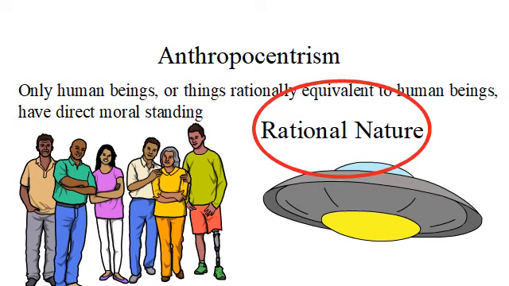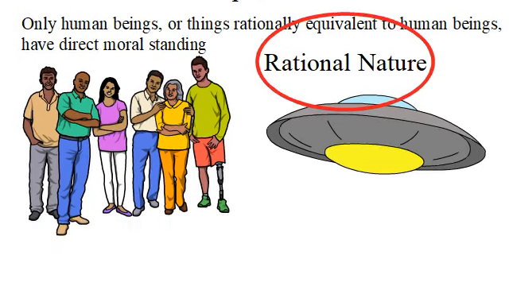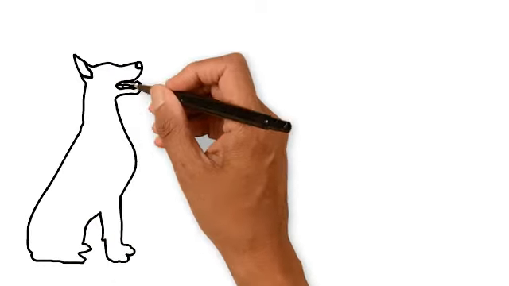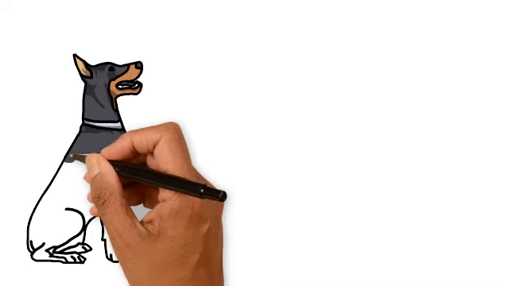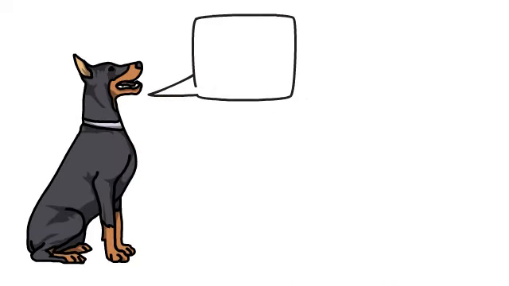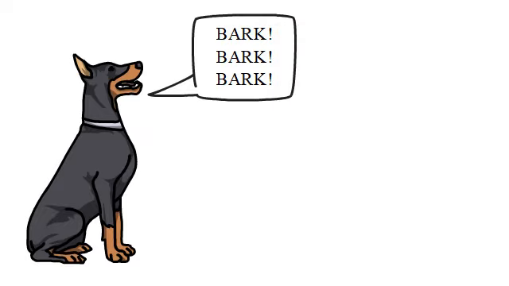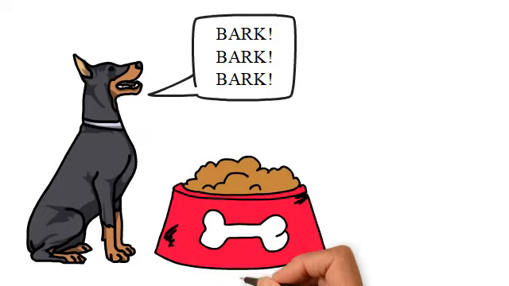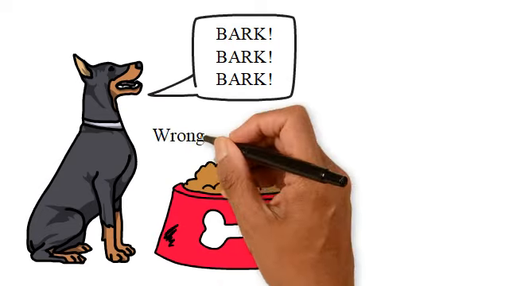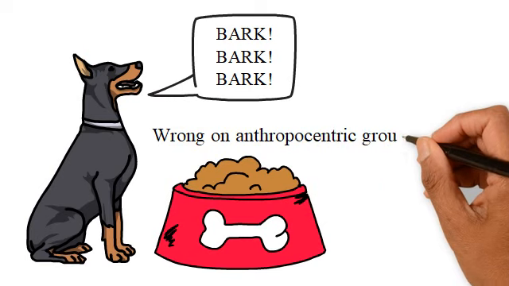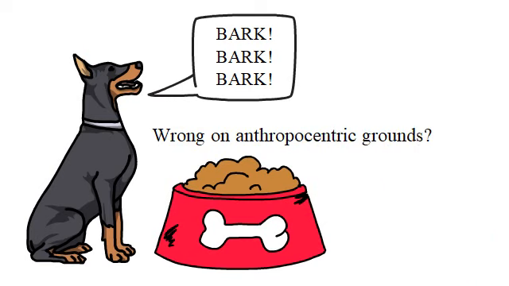The anthropocentrist does get something right by emphasizing the importance of rational autonomy, but is that really the full picture? For example, let's say that every day when I come home from work, my neighbor's dog starts barking incessantly. One day I have enough of this, and I decide to put some poisoned dog food in my neighbor's backyard in order to kill their dog. Can we explain why such an action would be wrong on anthropocentric grounds?